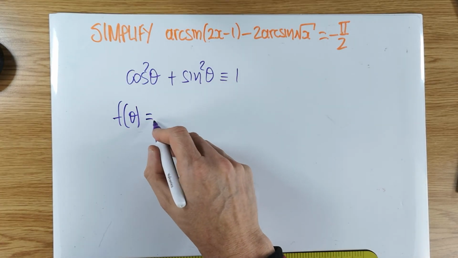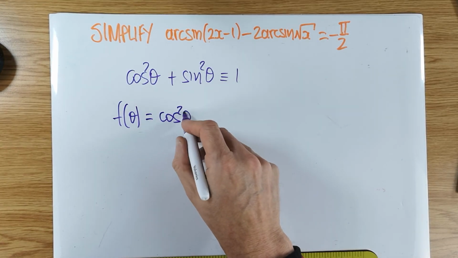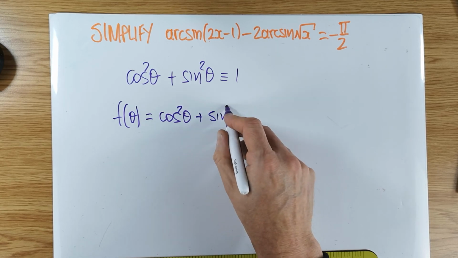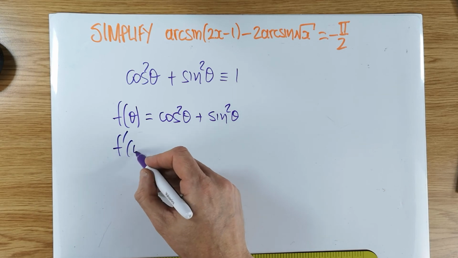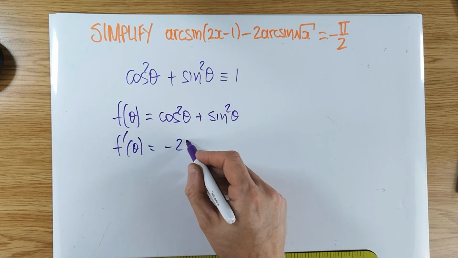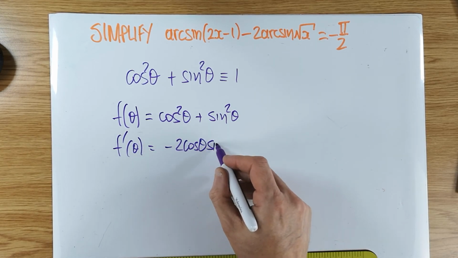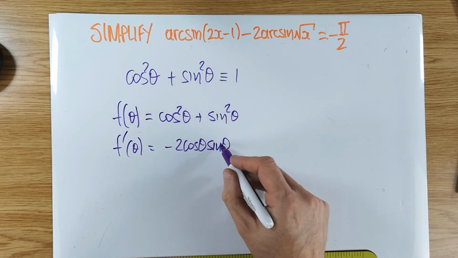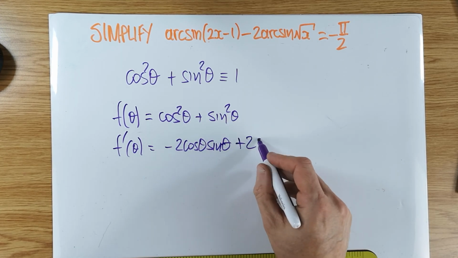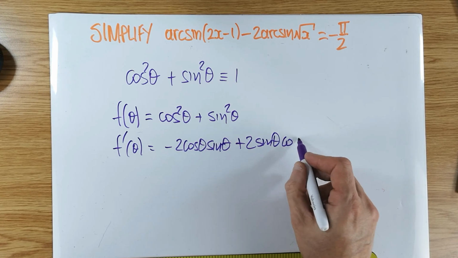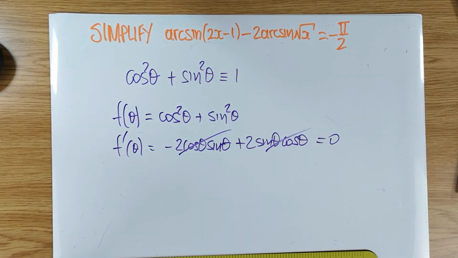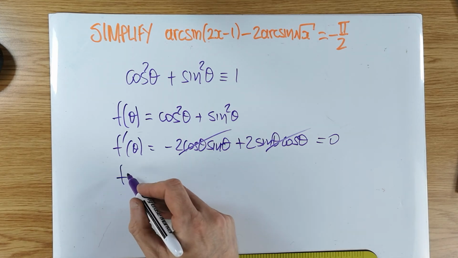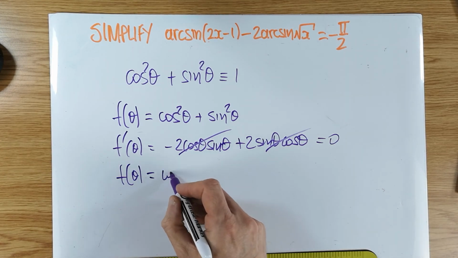Define f of theta as the function cos squared theta plus sine squared theta. Differentiate it. f dash of theta is, of course, minus 2 cos theta sine theta. And if you differentiate the sine squared, you're going to get plus 2 sine theta cos theta. And voila, we're getting gradient 0. So that means that your f of theta is a constant.